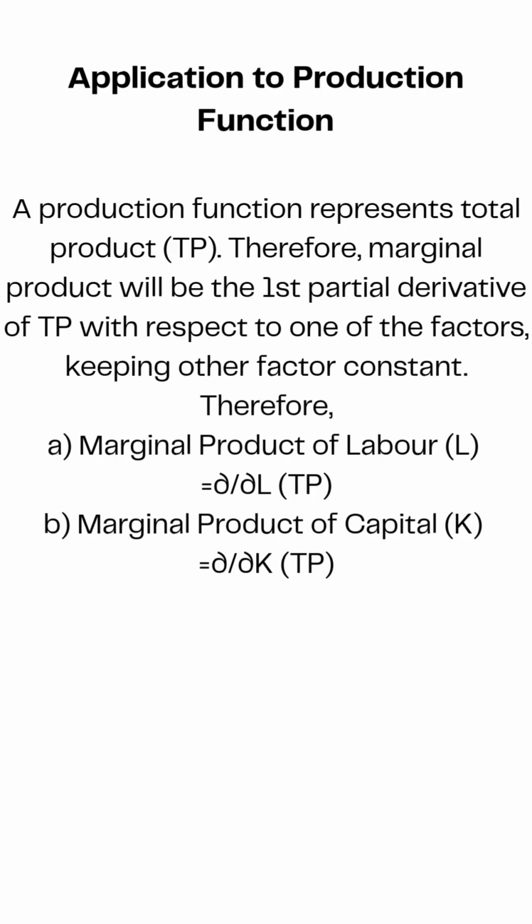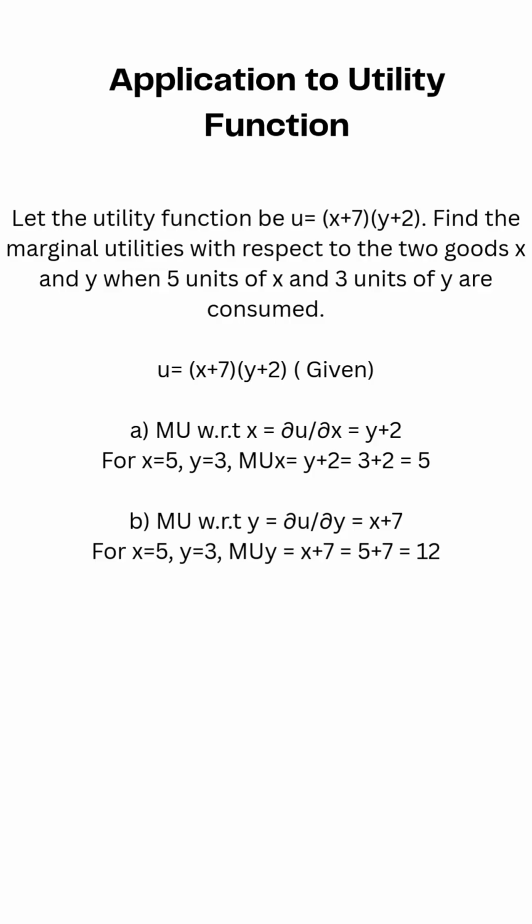Next is the utility function. In order to know how partial derivatives are used in a utility function, let us consider a utility function: U equals (x plus y) into (y plus 2). Now we need to find the marginal utility with respect to the two goods x and y when 5 units of x and 3 units of y are consumed.